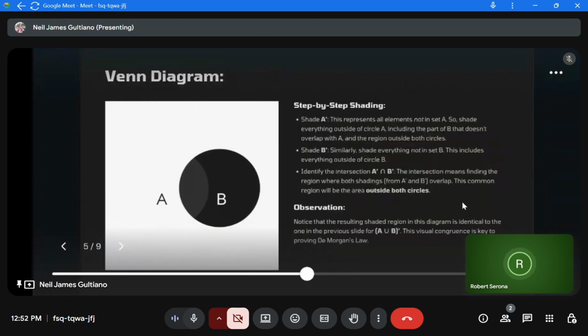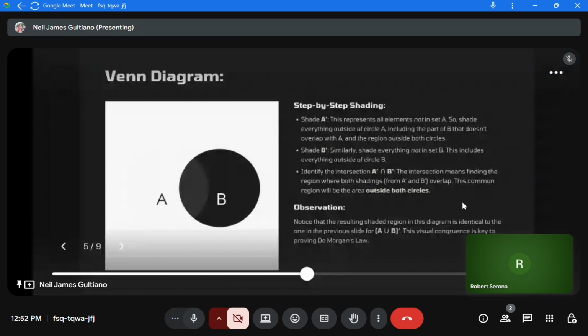So now let us look at the expression A complement intersect B complement. First, shade A complement. This is everything outside circle A. Then shade B complement. This is everything outside circle B. To find A complement intersect B complement, we focus only on the area where both shadings overlap.